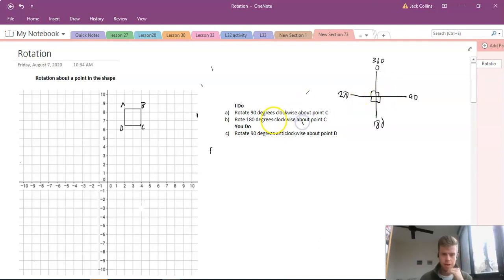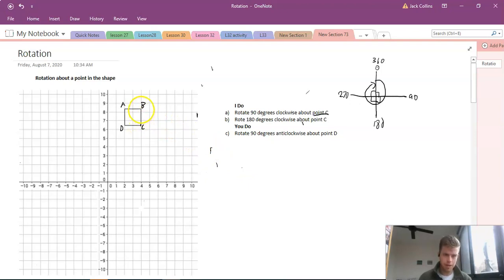So if we're rotating 90 degrees in a clockwise direction, so moving around this way, we've got our center point given as point C. So that means everything moves around point C. Now when we rotate, the key thing to remember is everything stays the same distance away from the center of rotation.